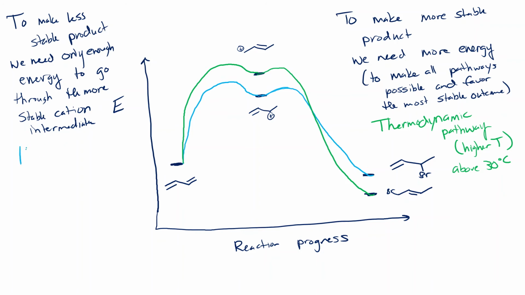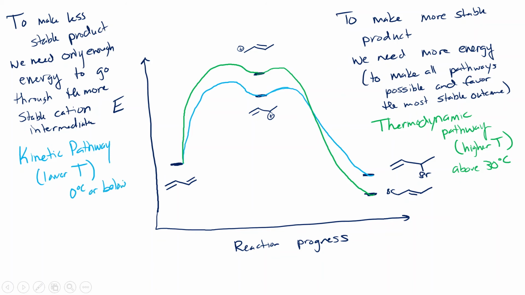Instead, we call this the kinetic pathway. These are usually operative at lower temperatures. And when I say lower temperatures, I usually mean 0 degrees Celsius or below.